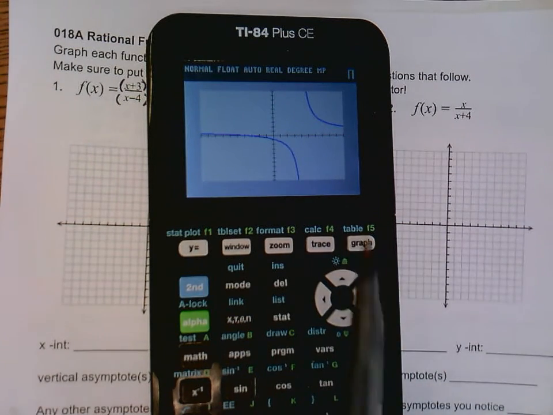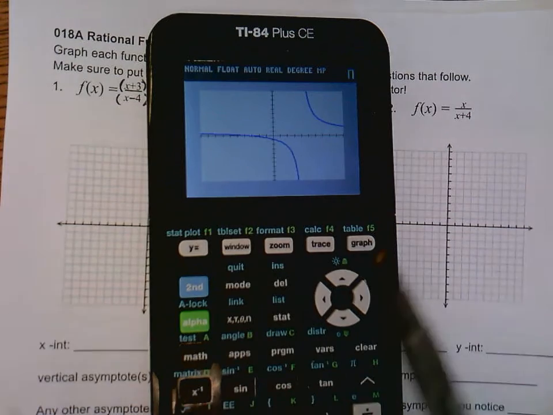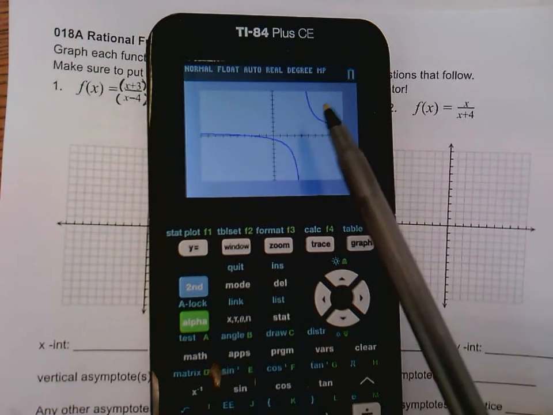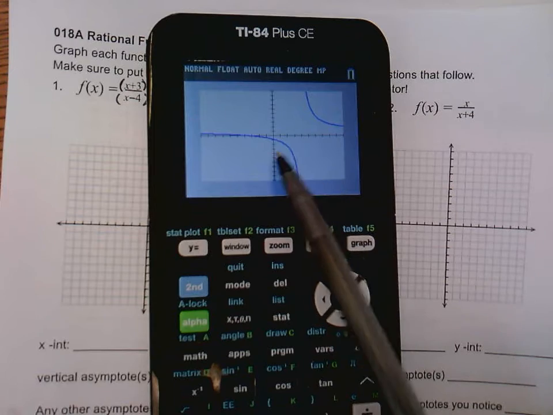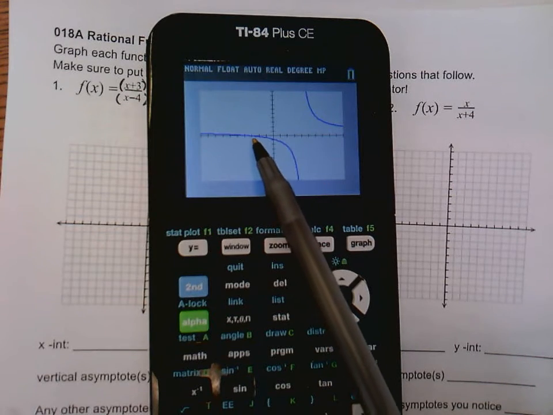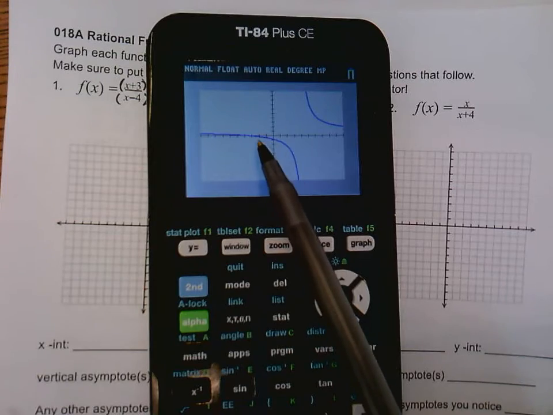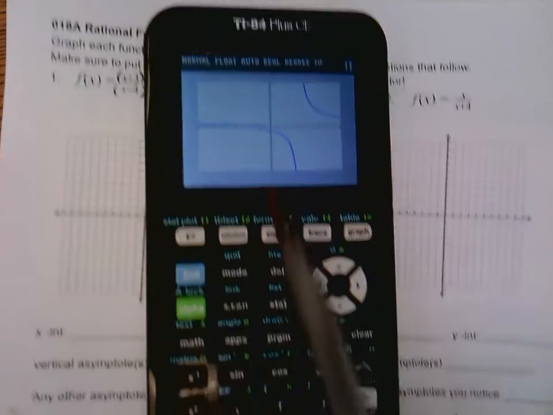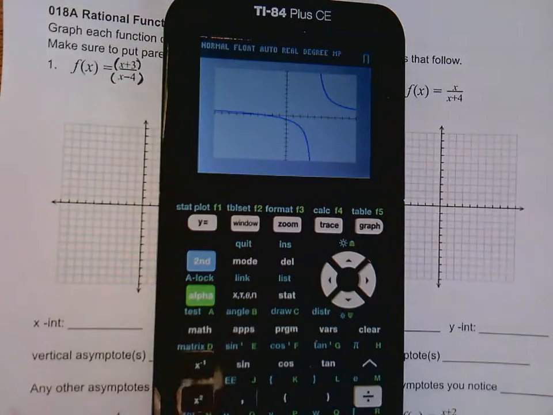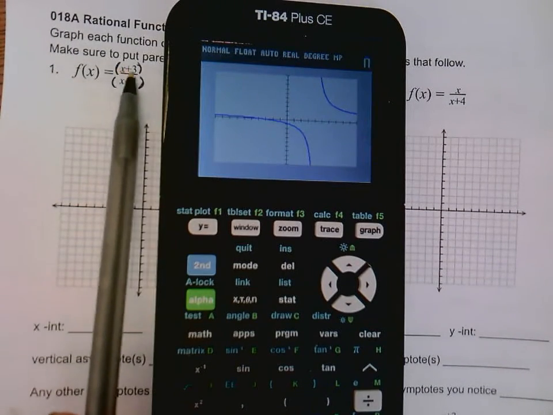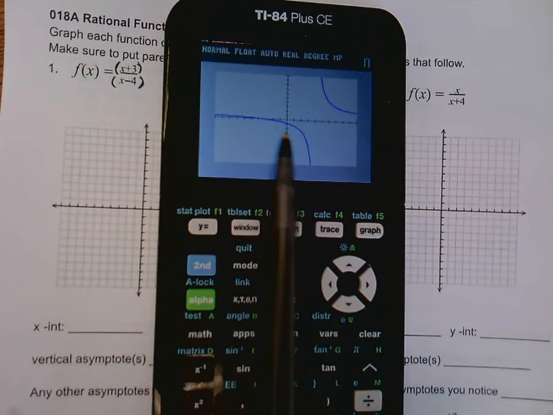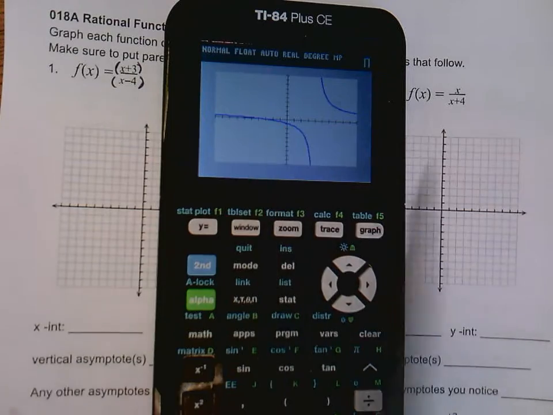So the things that I want you to look for are x-intercepts and y-intercepts. I see that there's an x-intercept around this point, and we actually know what the x-intercept is because we've done a little work on rational functions. I know that it's at -3. But if you can't quite figure out what it is, just take your best guess.